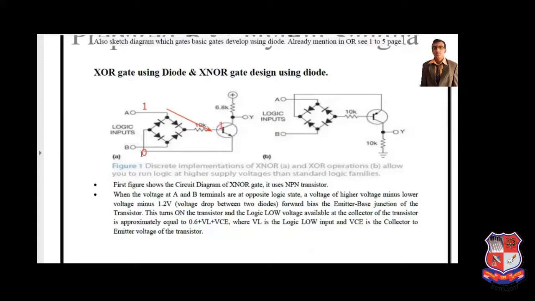But here 0 volt, so the diode acts as an open circuit. Whichever terminal has 0, the diode acts as an open circuit. Here also 0. So here we cannot get voltage.